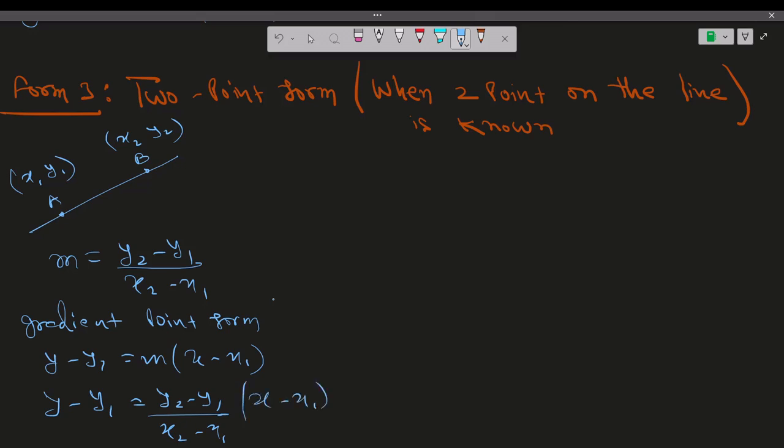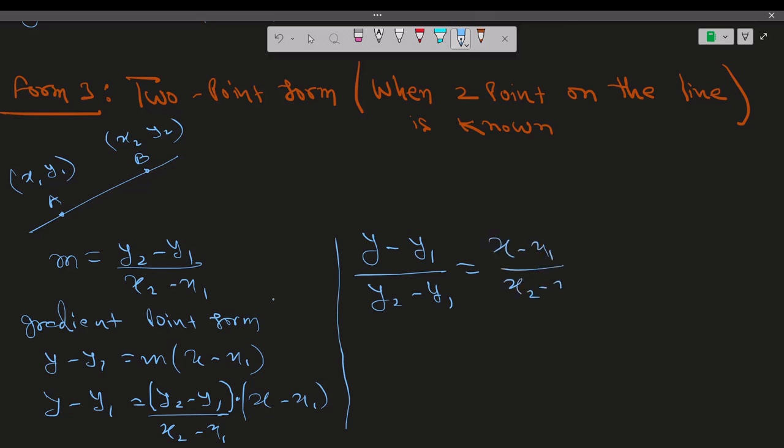Now, can we write this equation another way? This y2 minus y1 is in product on this side, so if we shift it, it will be in division. So the equation will be y minus y1 upon y2 minus y1 equals x minus x1 upon x2 minus x1.